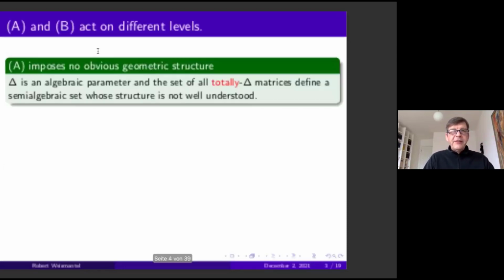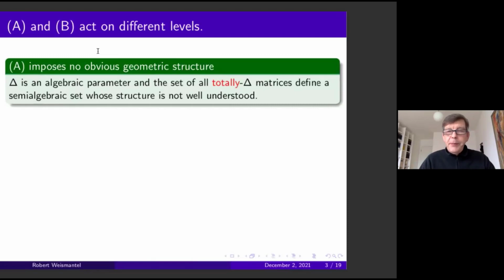The first thing I would like to comment on is that A and B really act on very different levels. A obviously does not impose any obvious geometric structure. When we fix the maximum subdeterminant within a matrix A, then clearly by Laplace expansion, one can see that the set of all these totally delta modular matrices defines a semi-algebraic set.